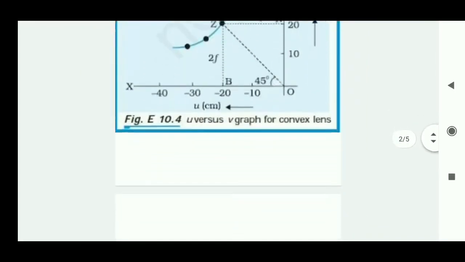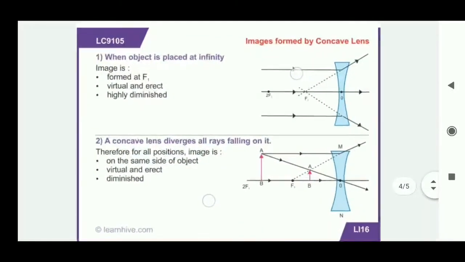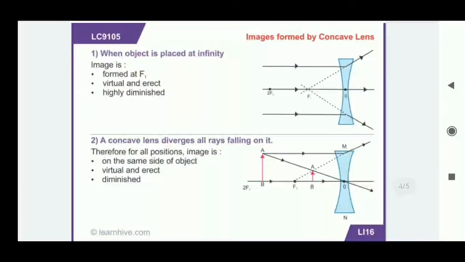Now we'll see about the concave lens. Like a convex mirror, it always forms a virtual image. In the convex mirror it forms behind the mirror. Here it is the reverse case: this concave lens always forms the image on the front side of the lens, always virtual and diminished only.